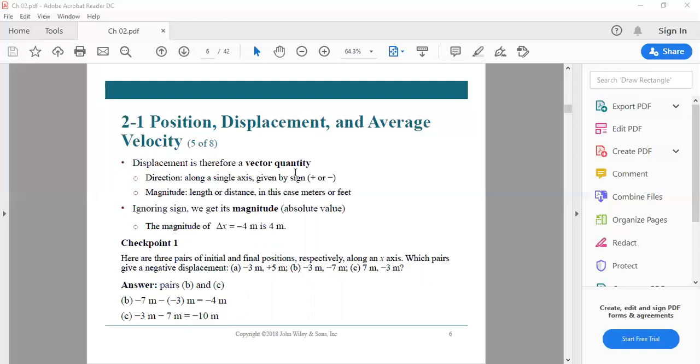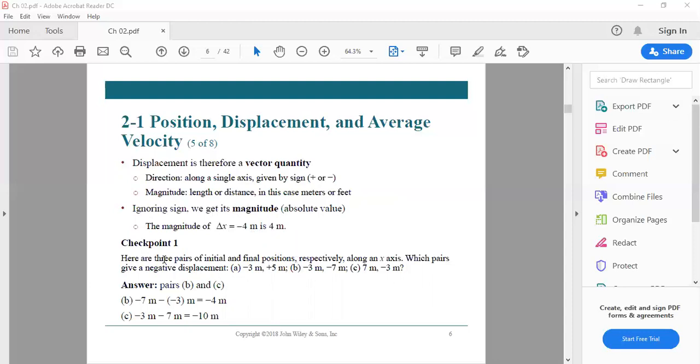Direction along a single axis given by the sign, positive or negative, and then magnitude, the length of the distance, meters, or in the English or imperial system, feet. So if you ignore the sign, we're just getting the magnitude, the absolute value. So the magnitude of a displacement of minus 4 meters is just going to be 4 meters. We don't have any idea what direction that's applied, but we know that the magnitude of it is 4 meters.